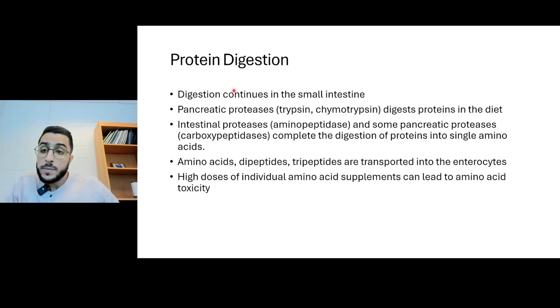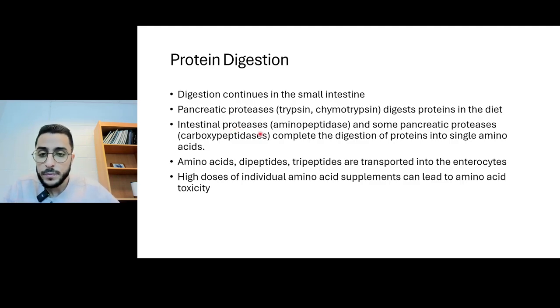Now when these polypeptides and proteins that are still undigested reach the small intestine, part of the pancreatic juices are proteases that will digest whatever is left. So you have trypsin and chymotrypsin, which will break down the tertiary, quaternary structure of proteins and can even break down primary structures. You have the intestinal proteases, which will break smaller peptides.